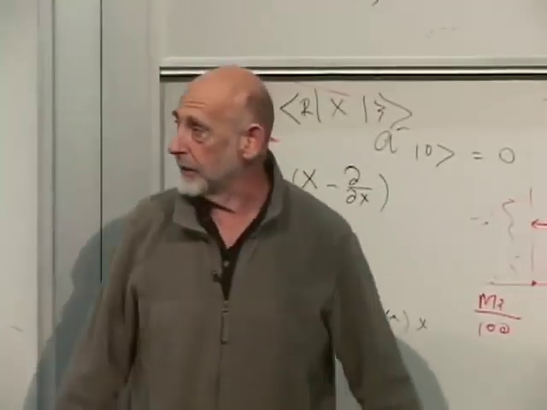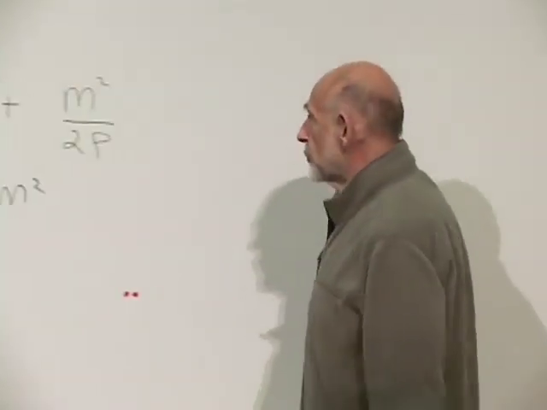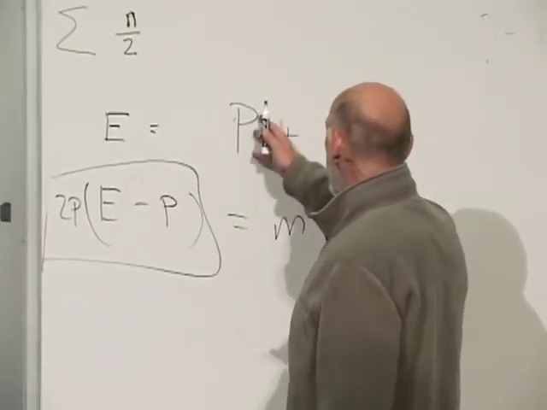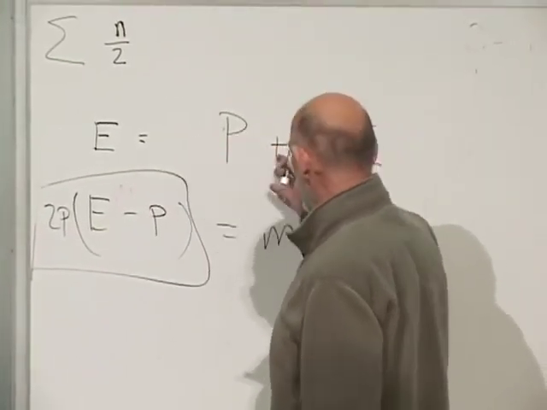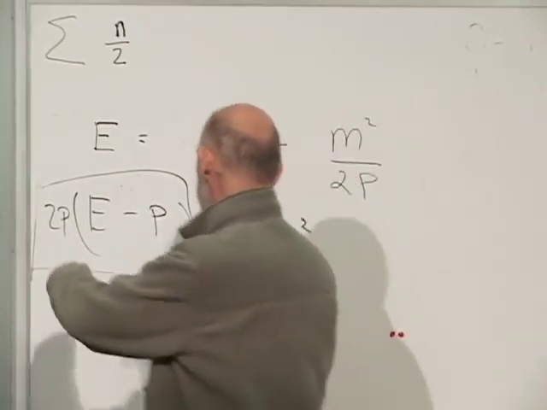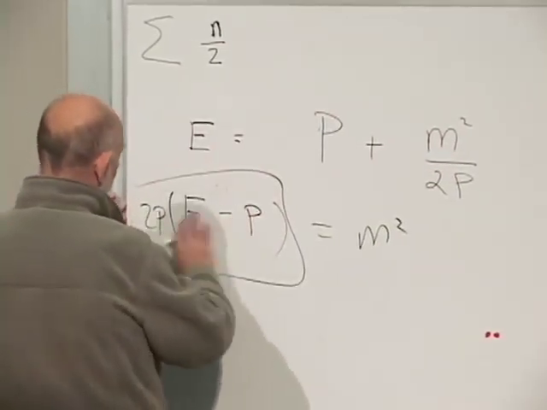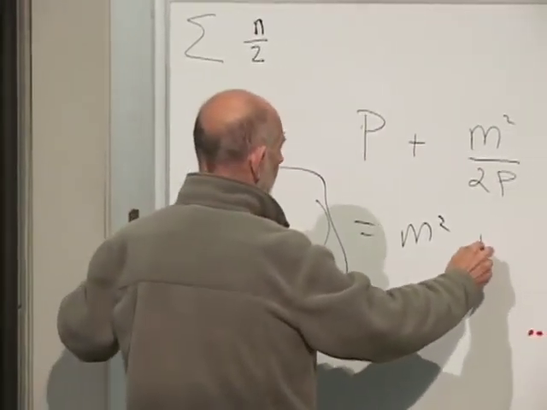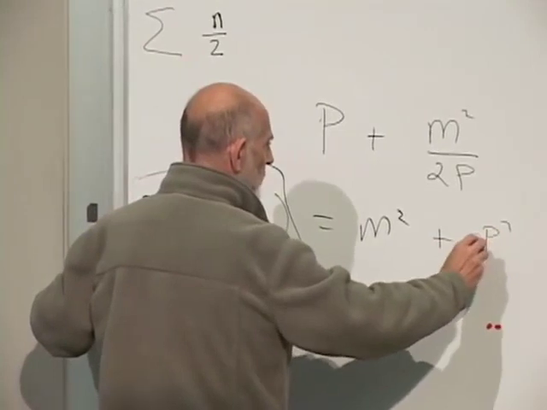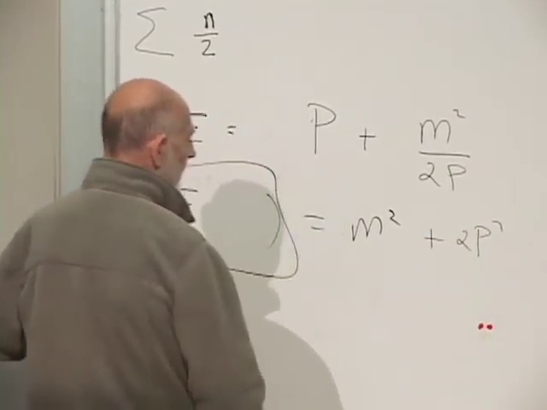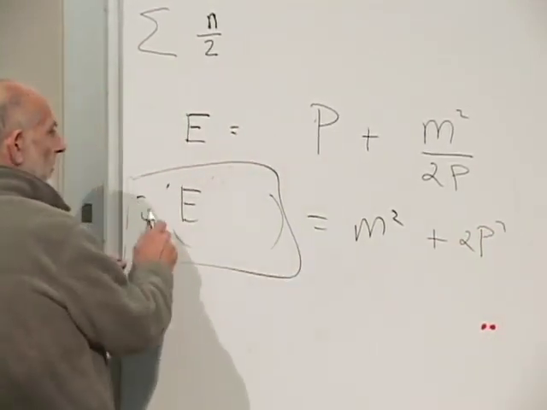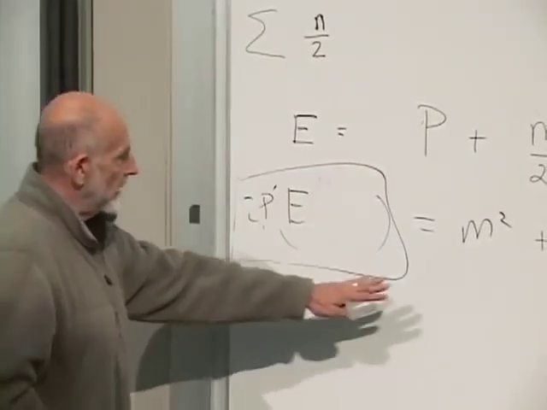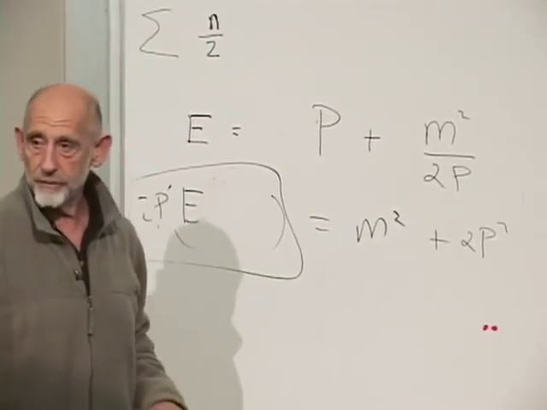This is the way we really think of energy. This quantity is the energy, and it's proportional to the mass squared. Okay, the point is now that the actual energy of the ground state has an infinite piece. Let's put this piece back. Let's not subtract this. Let's add this back on this side. P times E is m squared plus 2p squared.